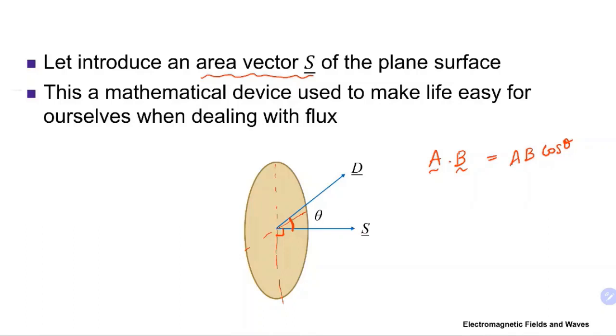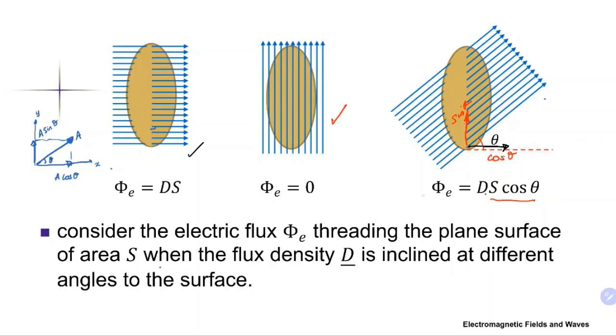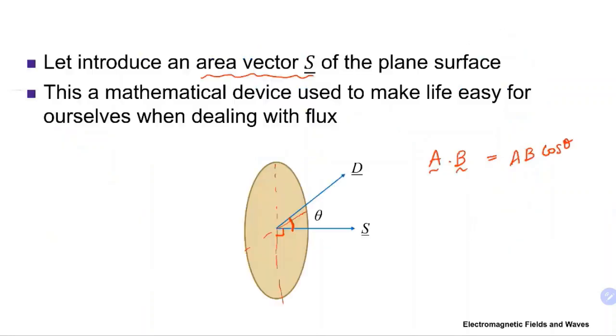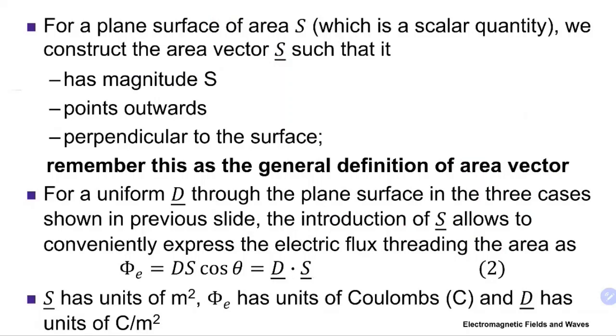So just now, on the previous slide, we said that the electric flux equals D times S times cos theta. So we know that this is a vector. We define a new vector for the surface so that we can use a dot product for that. So if we do that, D dot S, then it worked out nicely that only the component normal to the surface will be S times cos theta.